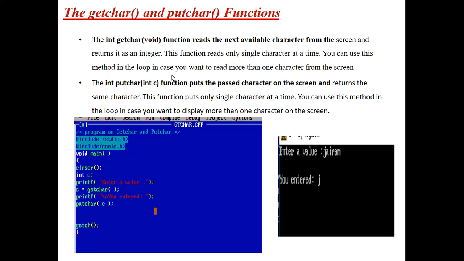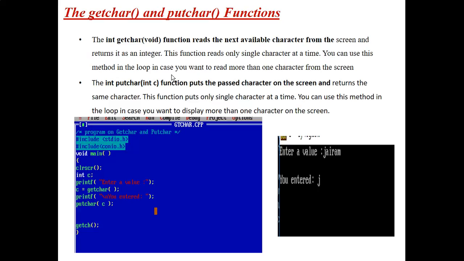Next, putchar. What is meant by the putchar function? The putchar function puts the passed character on the screen. It puts the character it has received from getchar onto the screen and returns the same character.